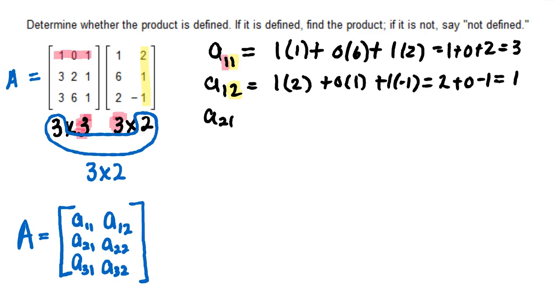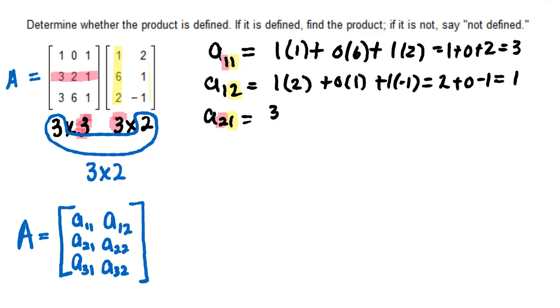A21 will use row 2 instead of row 1. And it will use column 1. And we'll do the multiplication entry by entry.